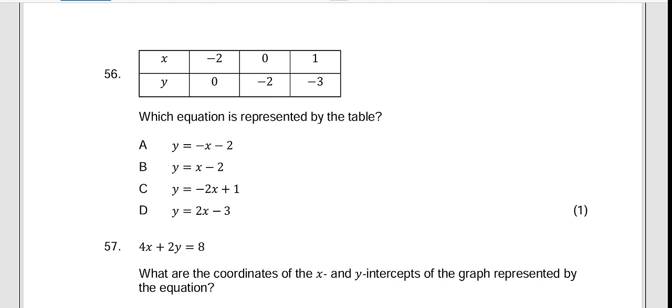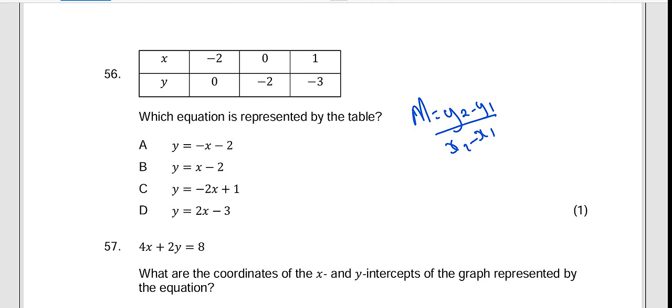Guys, we're going to look for a gradient, m, which is y2 minus y1 divided by x2 minus x1, and you're going to take the two points that you're seeing.